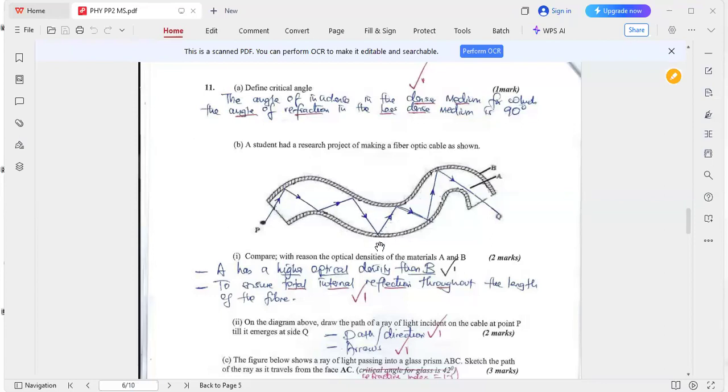That's why it keeps on bouncing to the edge of the material until the other end. So A has a higher optical density than B. This is to ensure that total internal reflection takes place inside the material, not outside the material.